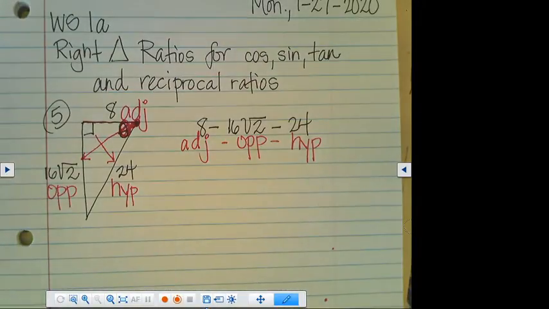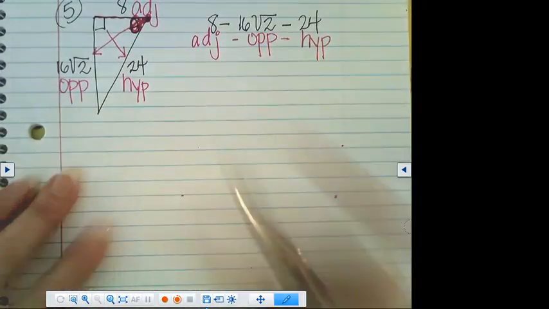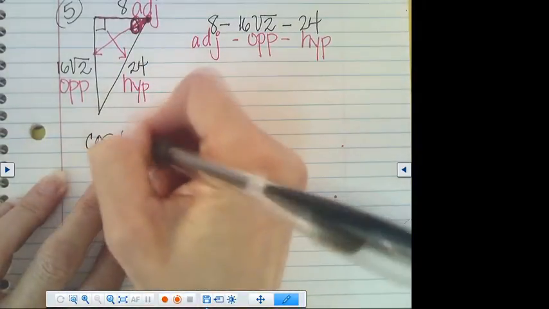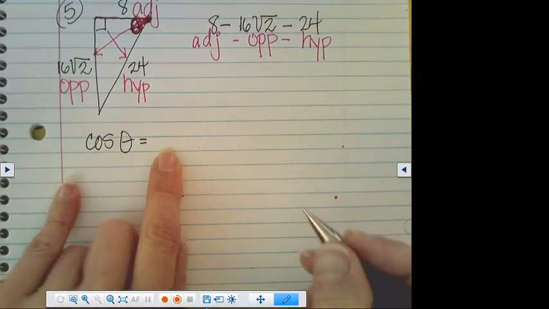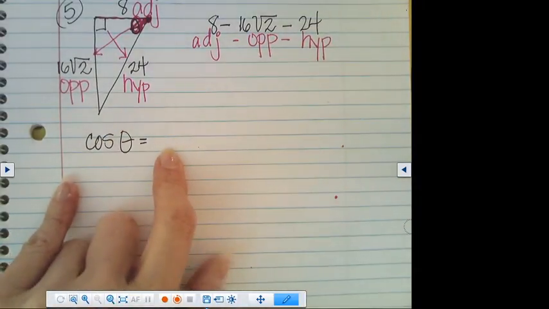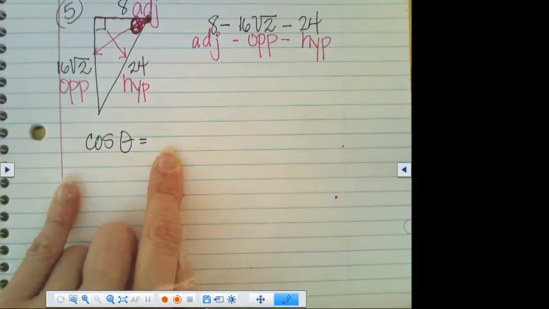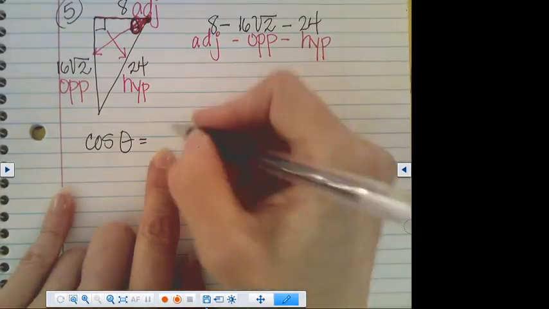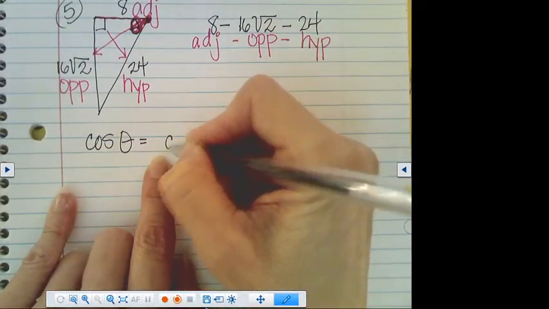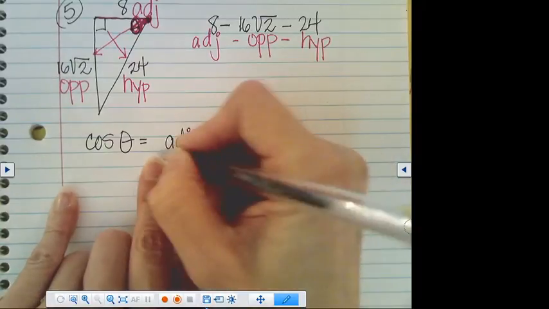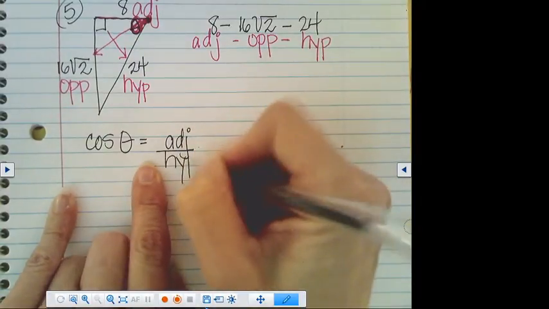And so after that, guys, it's just a matter of knowing your ratios, memorizing those ratios. All right, so here we go. Let's start with the cosine of theta, and let's write it out until I know that you guys have it without any doubt. Let's write it out every time. What is cosine? Adjacent divided by hypotenuse.